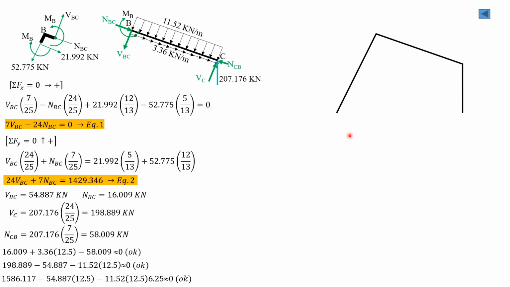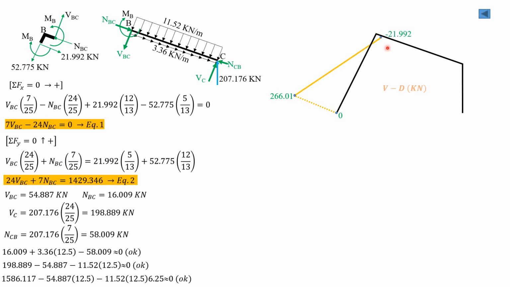Now we are ready to sketch the shear diagram. So remember the shear at A from the previous slide. So we begin with 0. So shear at A is 266.01. Then minus the loading times the length of member, which is 13.